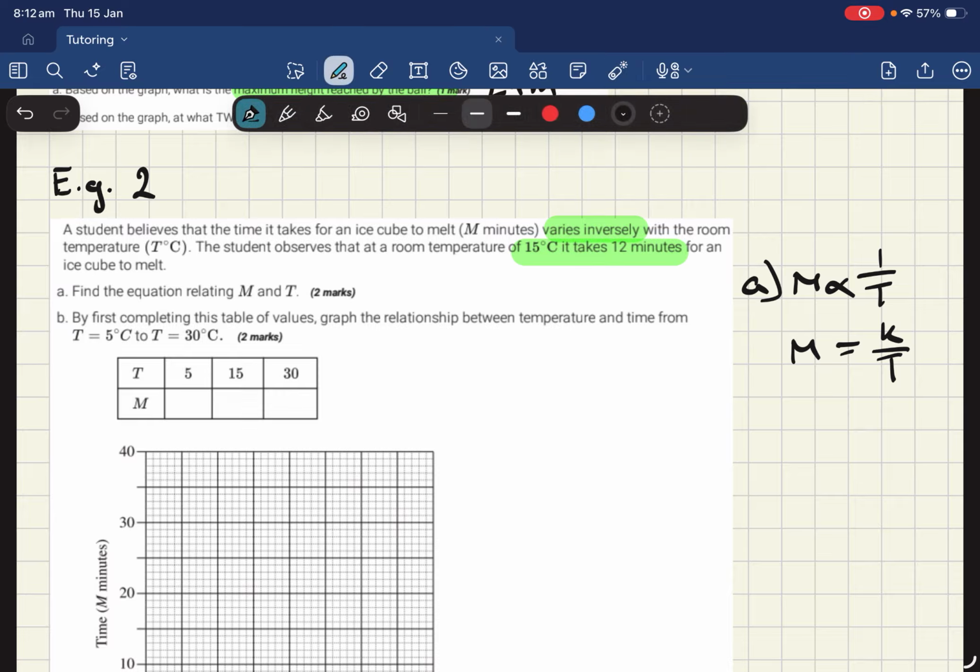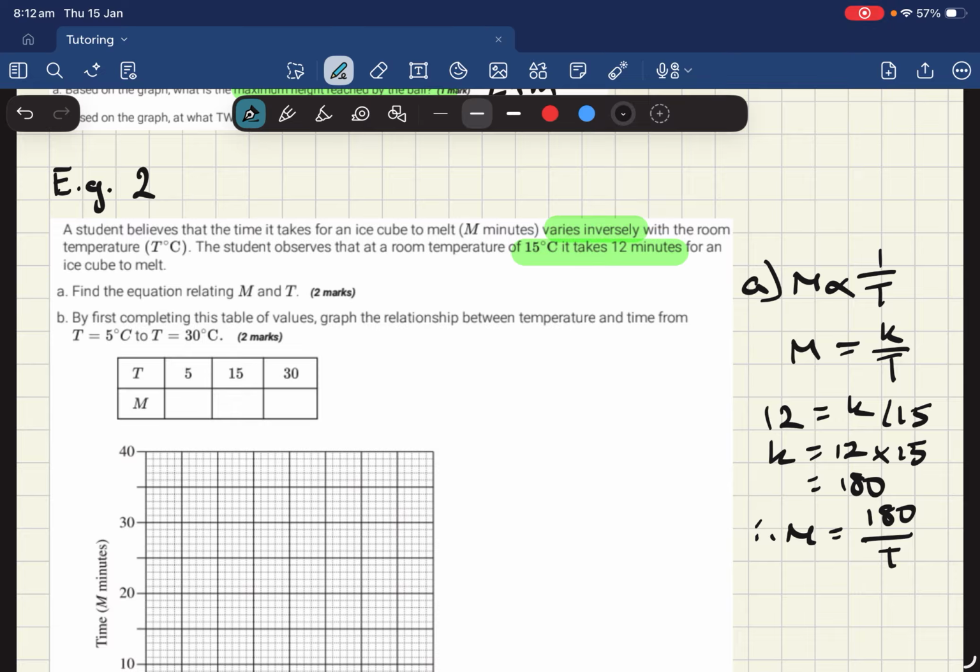So we can say that when m is 12, our t is 15. So 12 equals k over 15, and we just want to multiply both sides by 15. So k is going to equal 12 times 15, which equals 180. Therefore, we can say m equals 180 over t. This is our equation relating m and t.